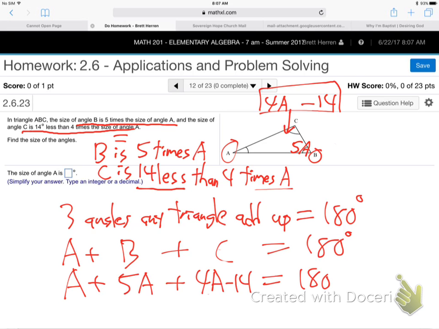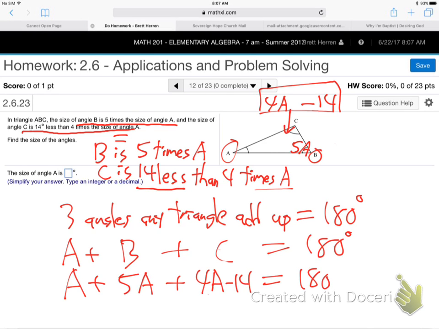You just have to know, put on your 3x5 card, that the angles in a triangle always add to 180. So A plus 5A plus 4A minus 14 add up to equal 180. And now we just total that.